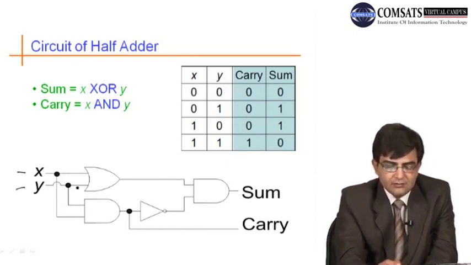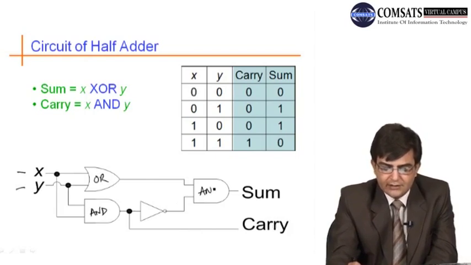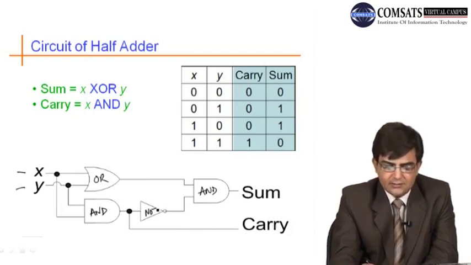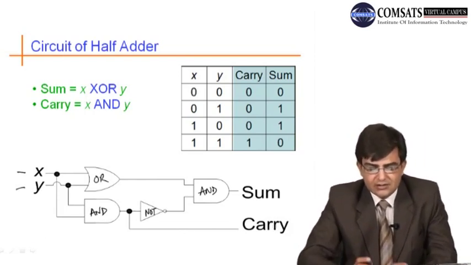Input is basically X, Y. We construct here an OR gate, and an AND gate. This is an OR gate, this is an AND gate, this is also an AND gate, and this is a NOT gate. This circuit represents this input output table, or you can say truth table.